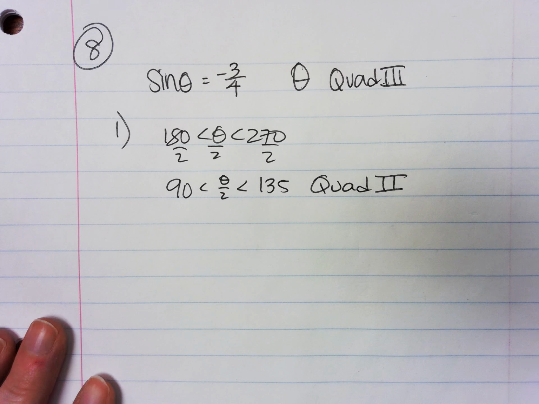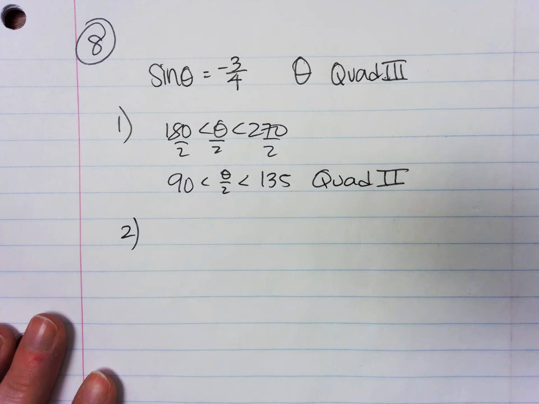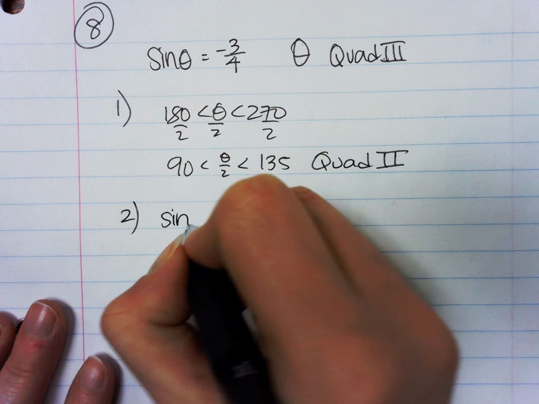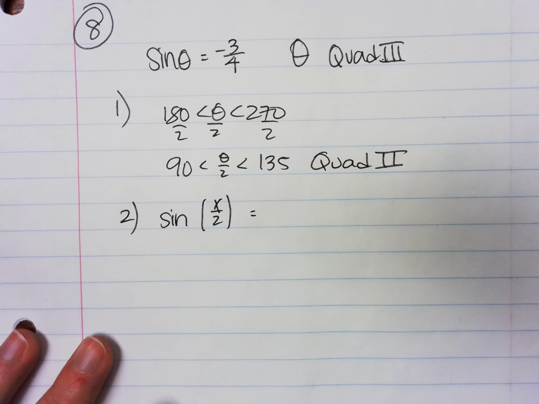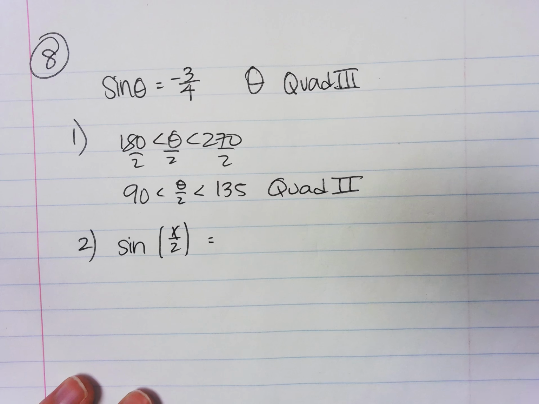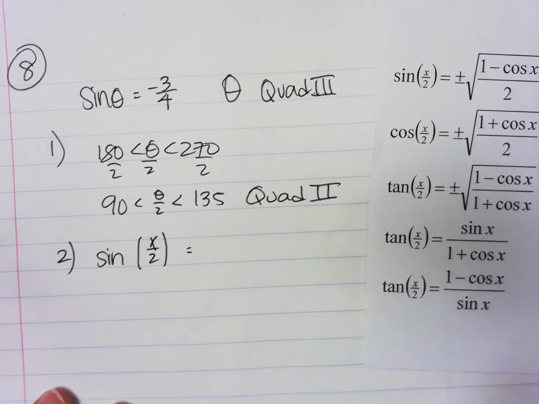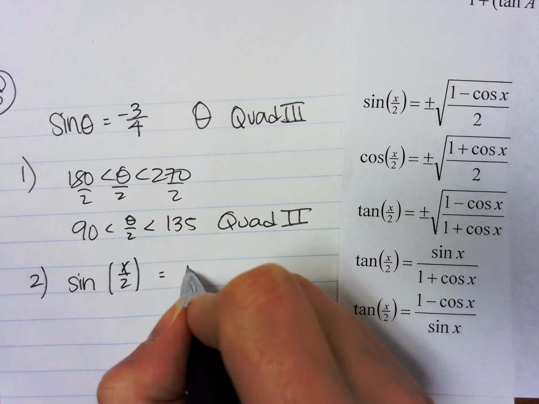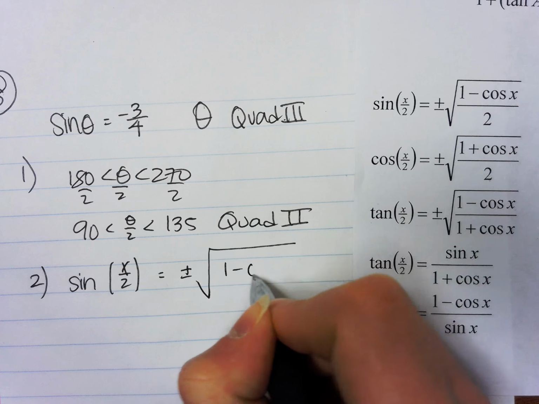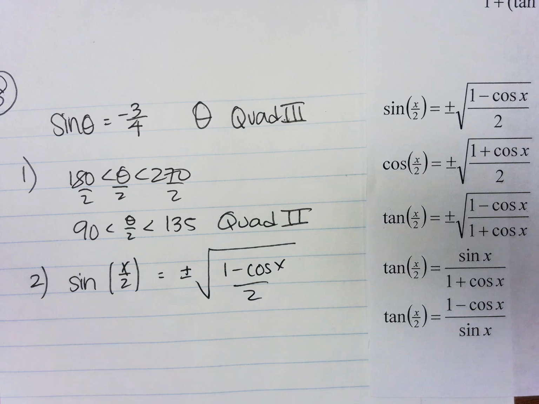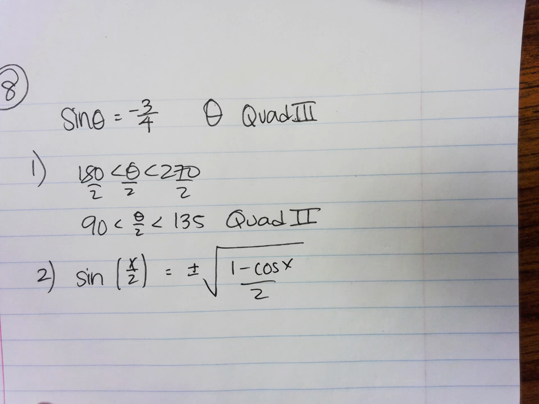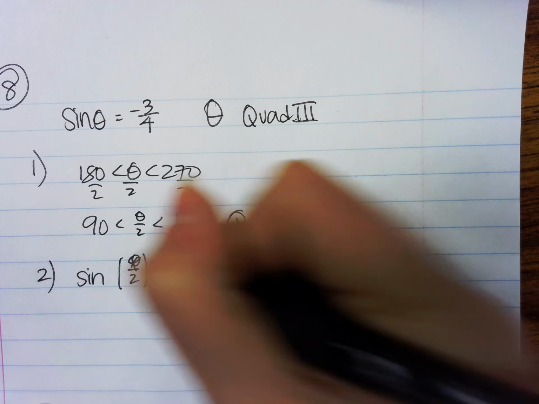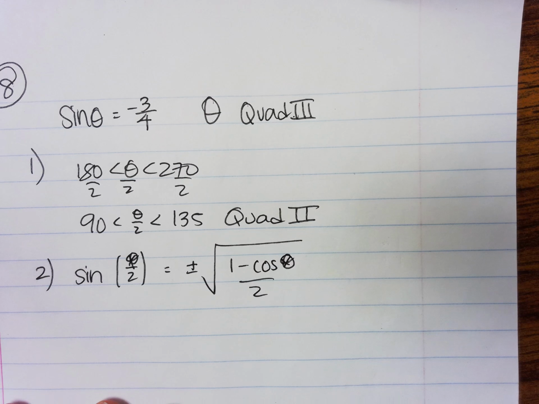Okay. And then for our second part, we're trying to find sine of x over 2. So again, we're using our half angle identities here. So we're going to plug it into this formula, plus or minus square root of 1 minus cosine x over 2. The problem is we don't have x over 2. Really, this should be theta. We don't have cosine of theta.